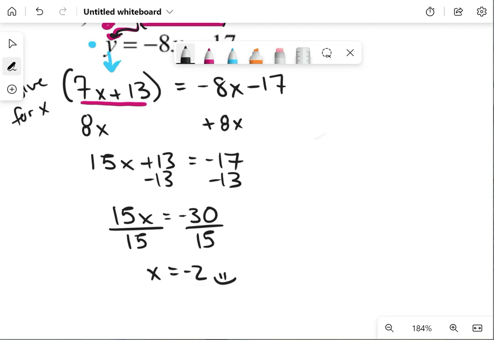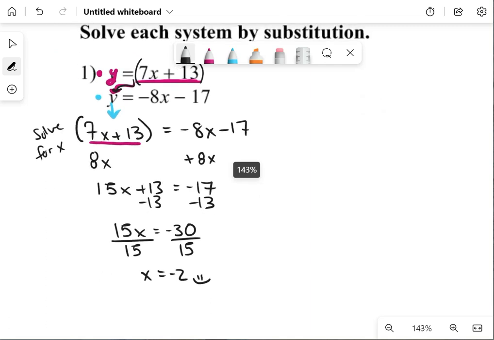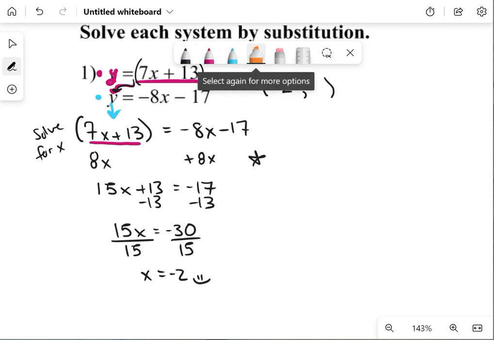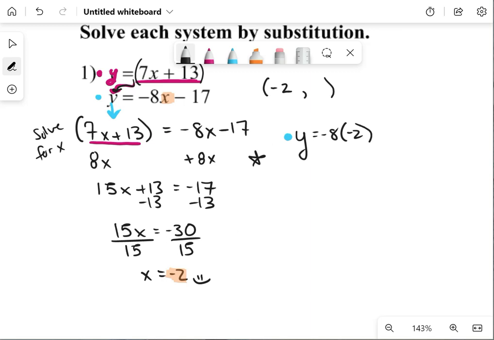So remember when we graphed, we always had two coordinates. We just found the x coordinate. In order to find the y coordinate, you are then going to, once again, substitute negative 2 back in for x in one of the original equations. So if I take the blue equation, I now have y equals negative 8 times negative 2 minus 17.